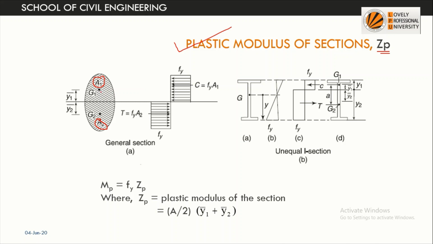So what will be the formula? ZP is equal to A1 into Y1 plus A2 into Y2. We know that A1 is equal to A2 and it will be total area by 2 as it is the equal area axis. So we can write ZP is equal to A by 2 into (Y1 plus Y2), and plastic moment is equal to Fy into ZP.